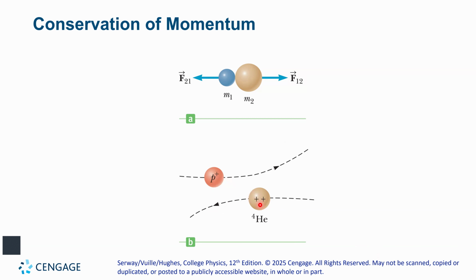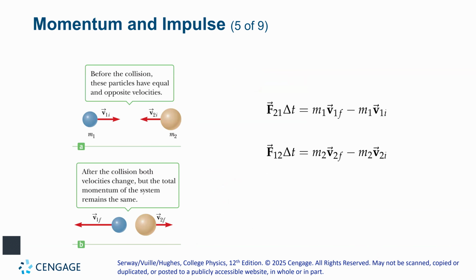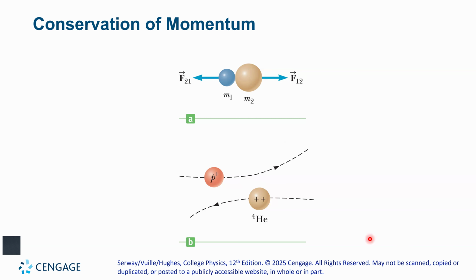In this case, because similar charges repel each other, they can affect each other's momentum. Their individual momentum can change. However, we'll see that the total momentum of the two particles does not change.